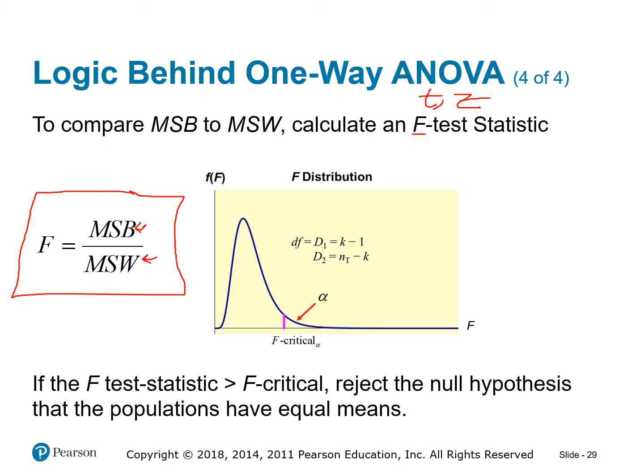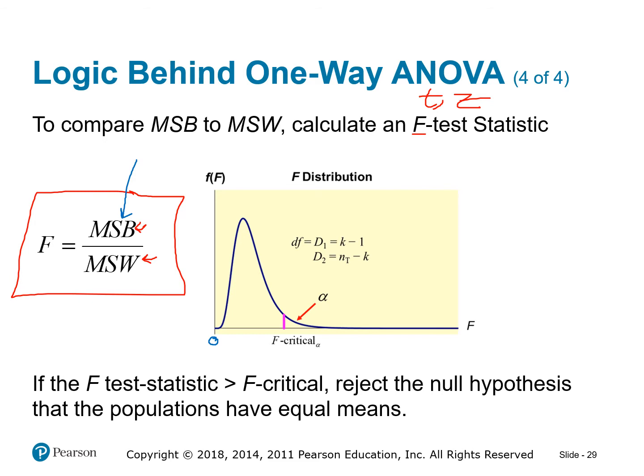What makes F a little bit different from the others is that it starts out at 0, which is a little unclear from this graph, and then it gets larger depending on how much bigger your numerator is than your denominator. The larger your F value is, the more likely you are to reject the null hypothesis, because that means the more unusual you are when looking at the centers.